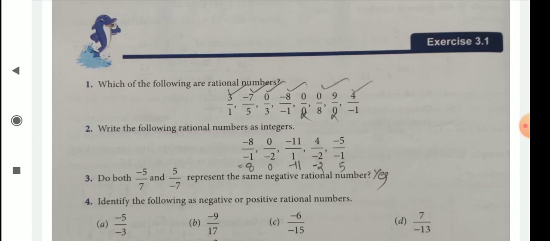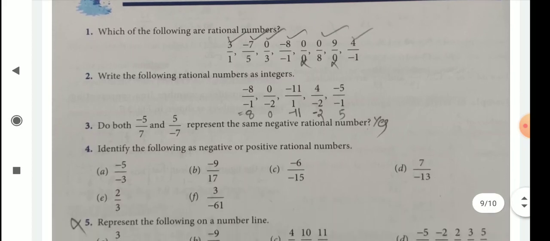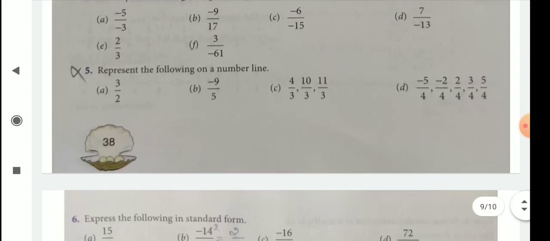Do both minus 5 by 7 and 5 by minus 7 represent the same negative rational number? Yes, they are the same. Number 4, identify the following as a negative or positive rational number. So which is positive, which is negative, you just identify. No need to do number 5.